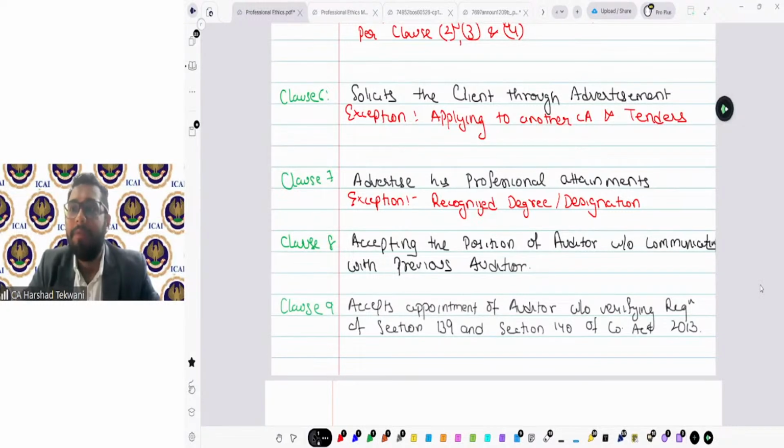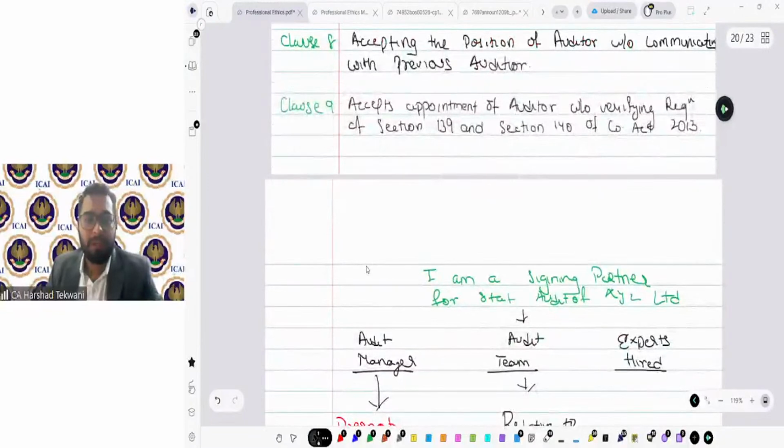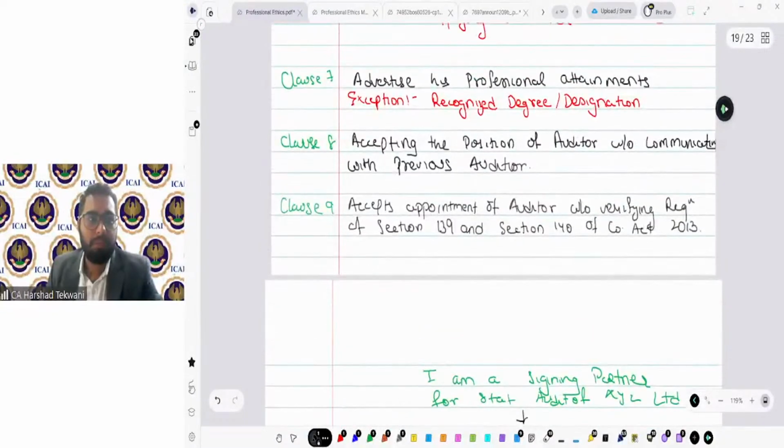Then comes the next clause, that is clause 10. Basically, clause 10 talks about a chartered accountant in practice who charges or accepts to charge any professional fee, or any fee based on a percentage of profits or contingent upon findings. Then he will be held guilty of professional misconduct.